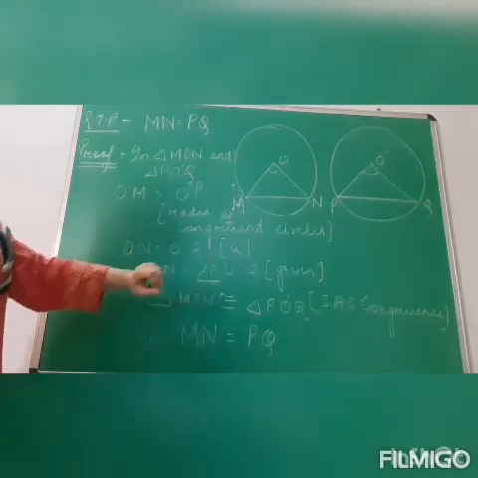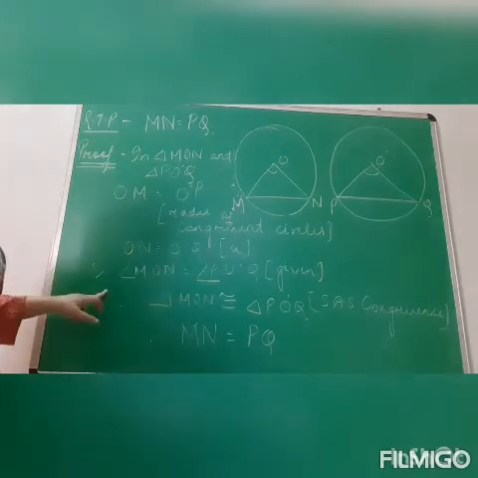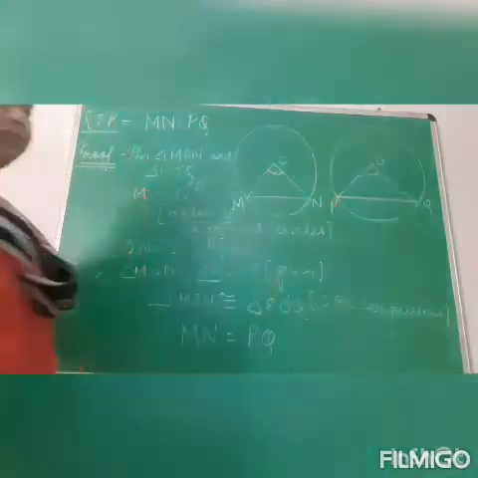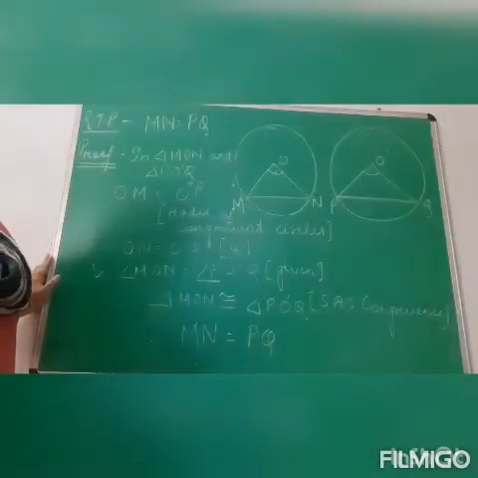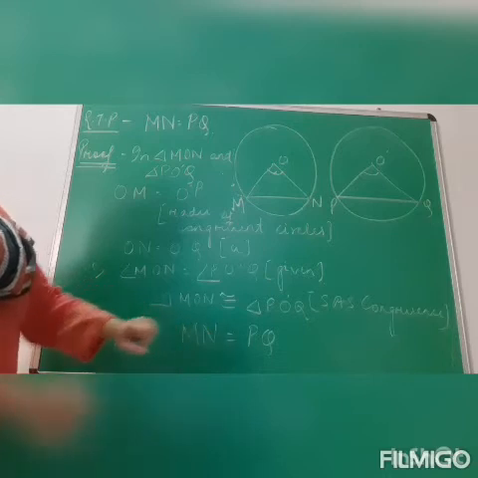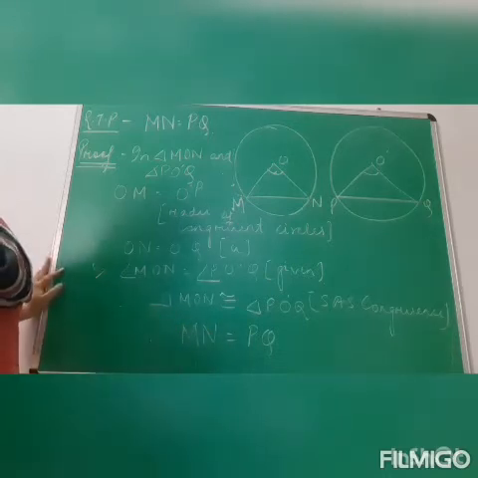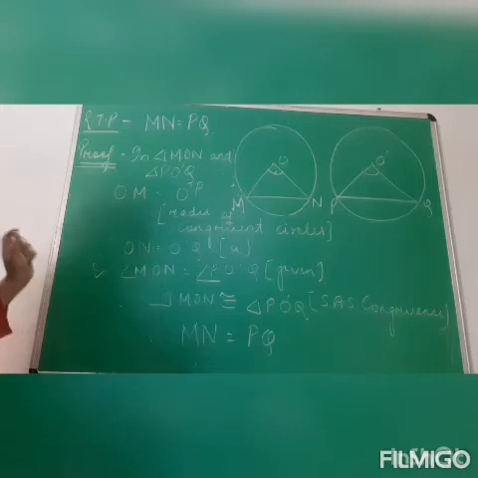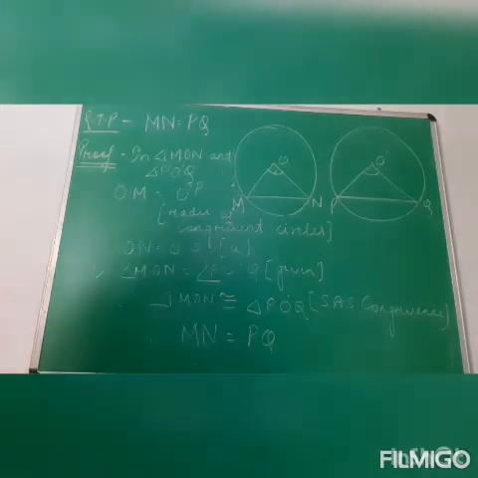And it is given that angle MON is equal to angle PO dash Q. From these three conditions, triangle MON is congruent to triangle PO dash Q by SAS congruency. Therefore, MN is equal to PQ. That means chords are equal if they subtend equal angles at their centers. So with this we end this exercise 10.2.